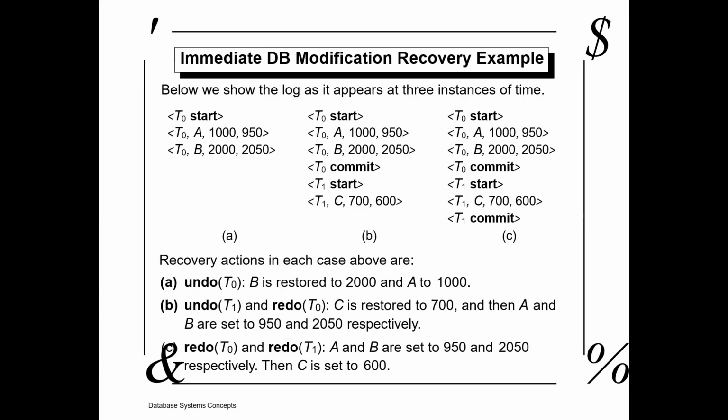No, you are not getting it. In the database, the old values are already updated. Then how does the recovery manager know, if the commit operation has not occurred? The database is supposed to contain old values. But how does the recovery manager know the old values? What are the old values? Old values are already modified.